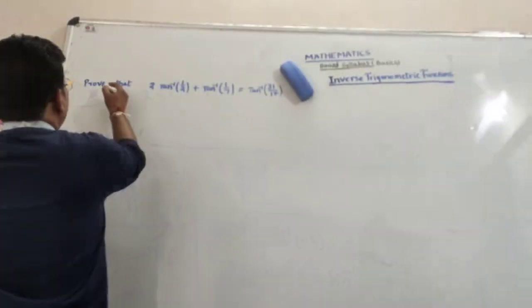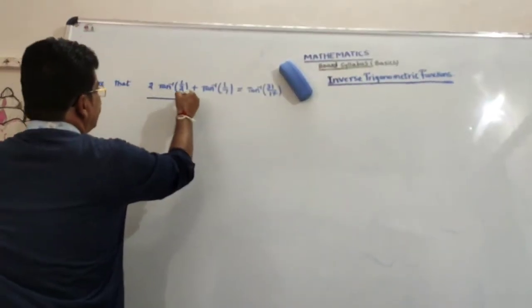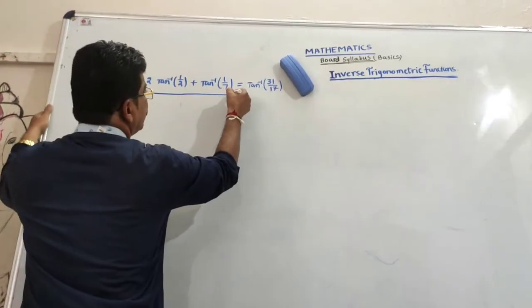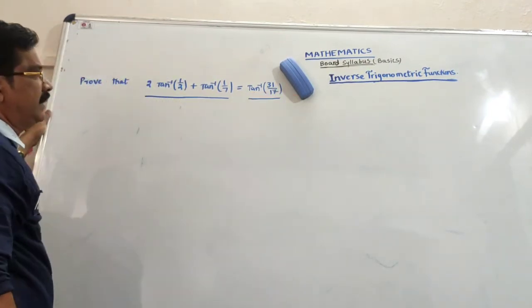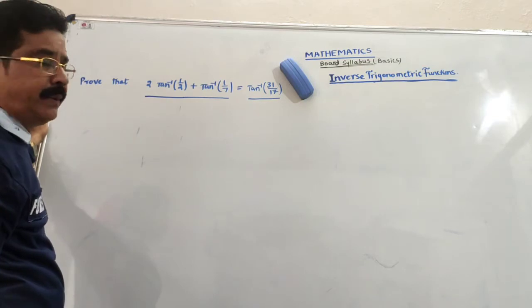Next, prove that 2 tan inverse of 1 by 2 plus tan inverse of 1 by 7 equal to, again, tan inverse of 31 divided by 17.